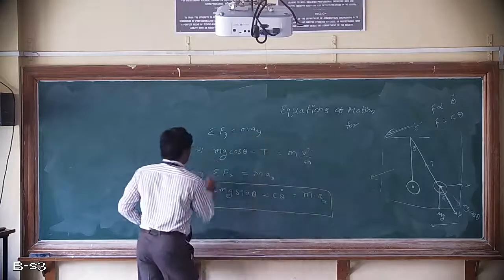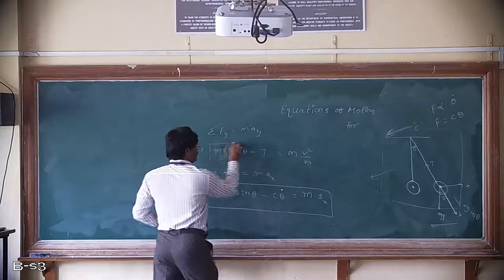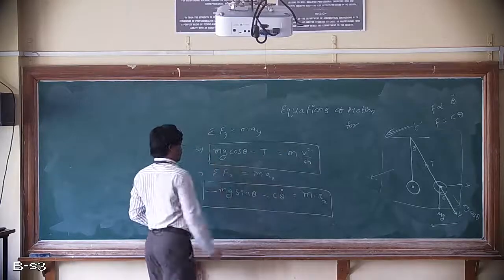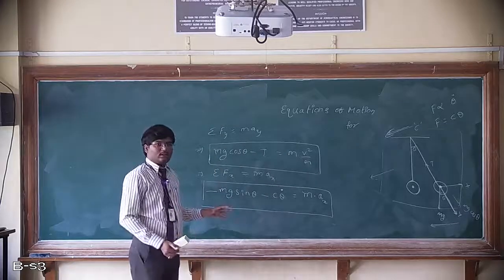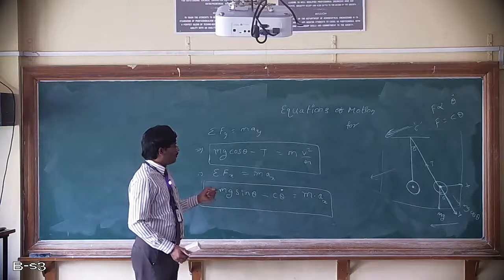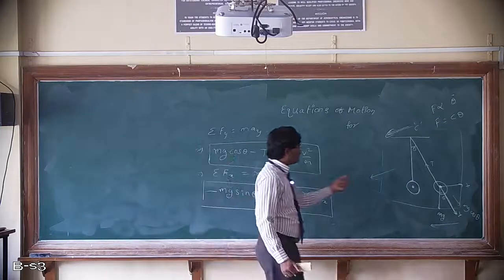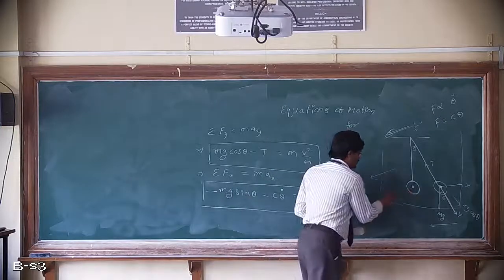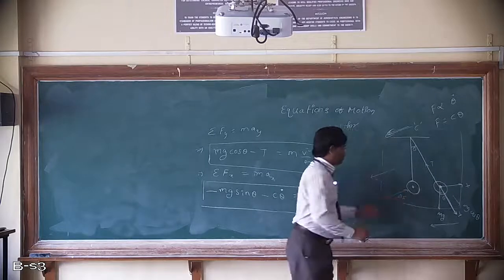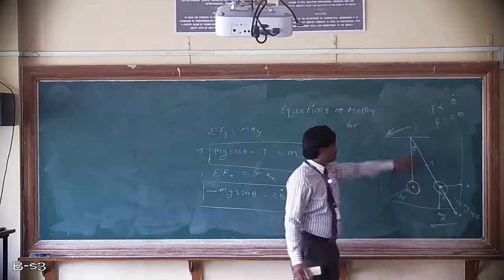We are getting two equations. If you observe, you give a small disturbance, some delta F, and you get a disturbance angle, some theta.